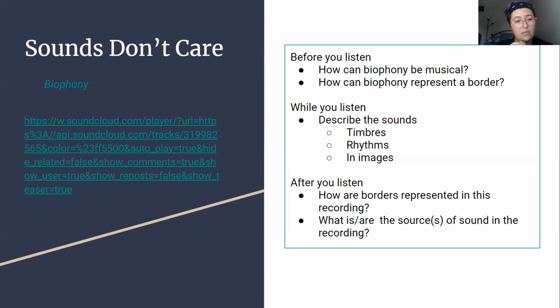So we're going to listen to this recording. Actually, this is not my recording, just as a preface. This is someone from SoundCloud who recorded this dawn chorus in the Sonoran Desert. We're going to listen for the same three things. Again, use all your tools now, and we're going to listen to it twice. So you have a first chance to listen to just how this biophonic recording can be musical.